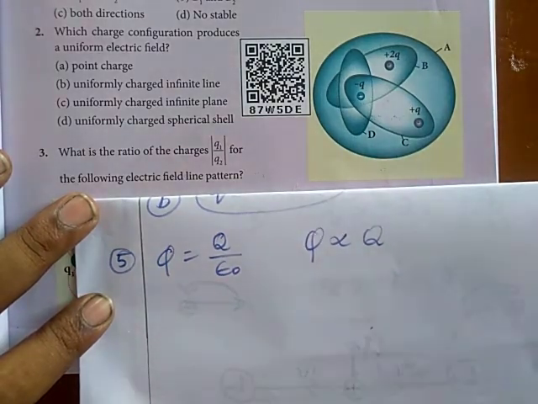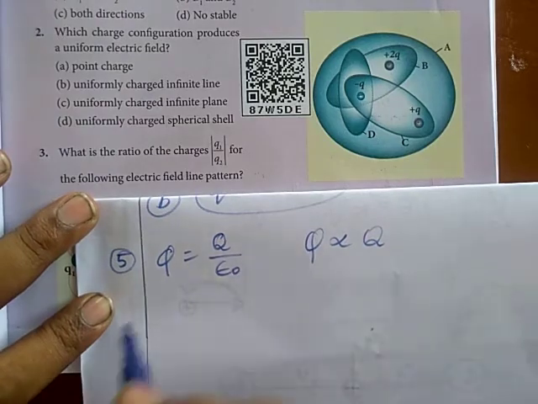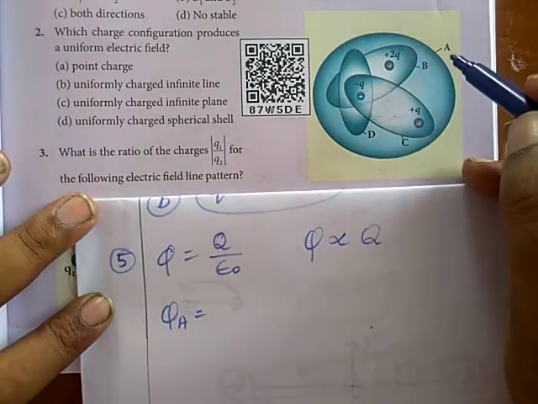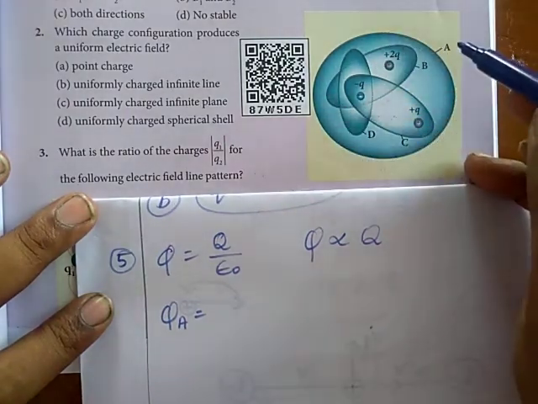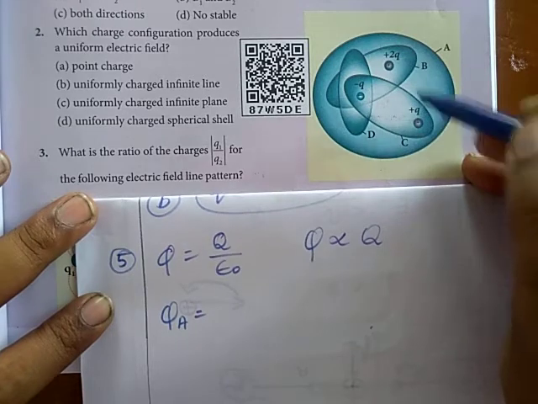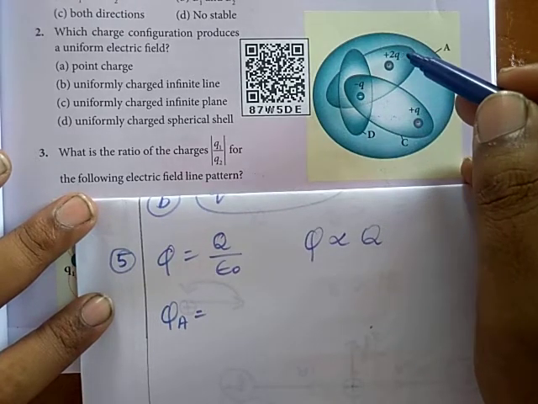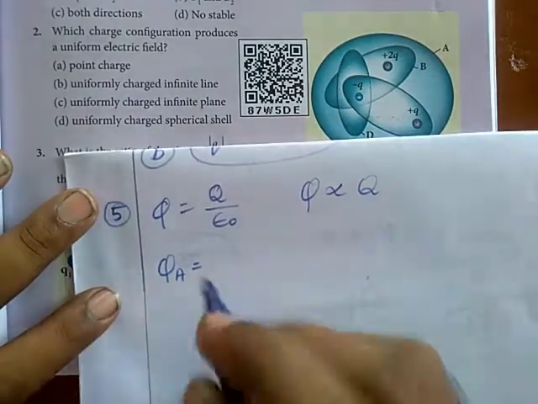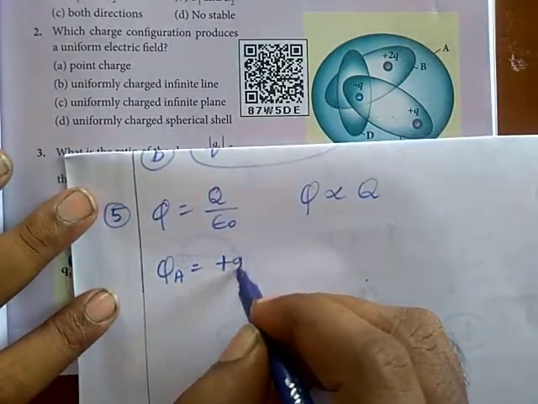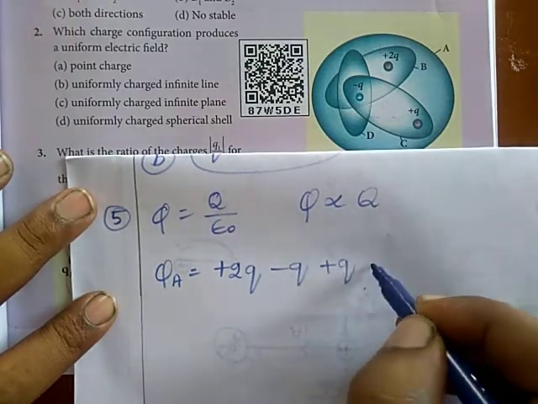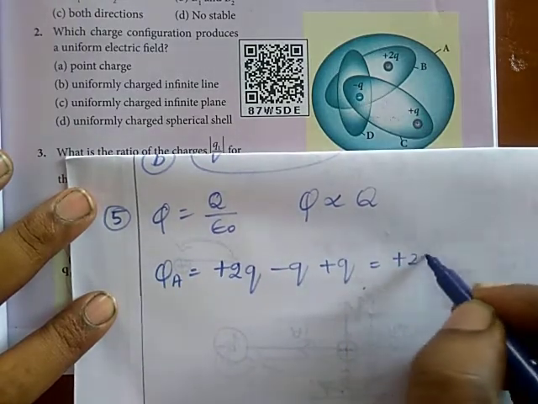First, I consider the flux for A. It is equal to the charge inside Gaussian surface A, which is plus 2q minus q plus q. By applying the additive property, I get plus 2q, minus q, plus q. After solving this we get plus 2q.